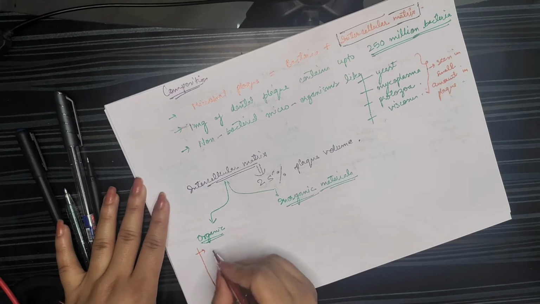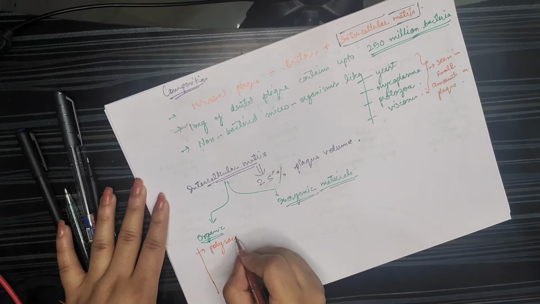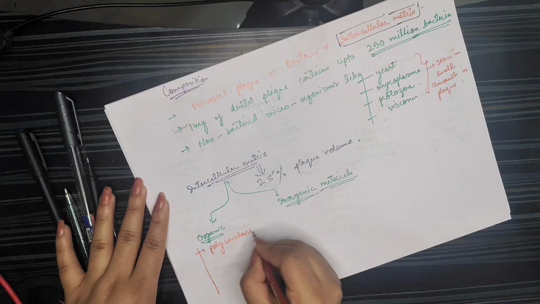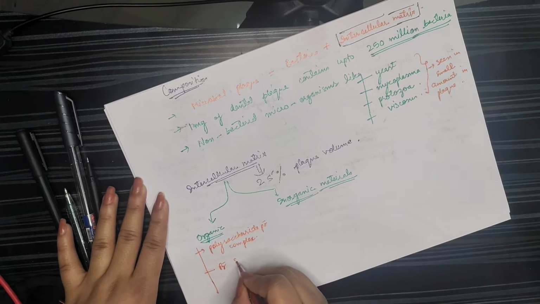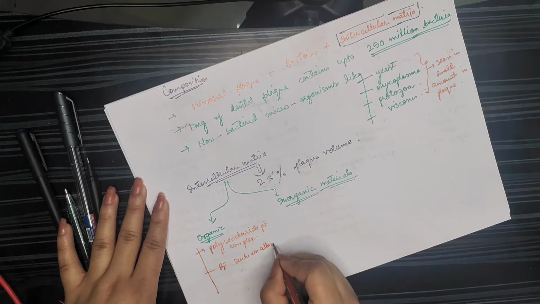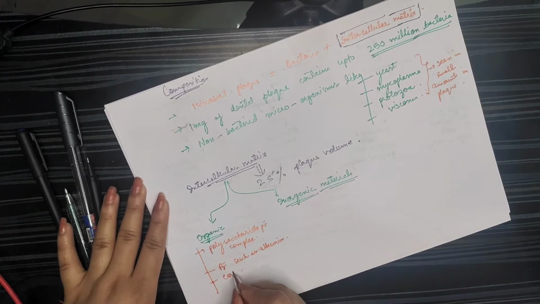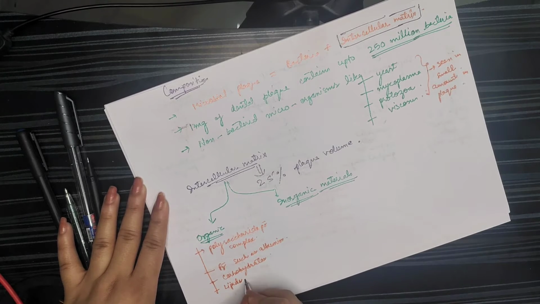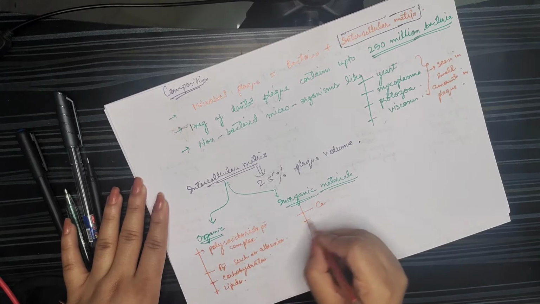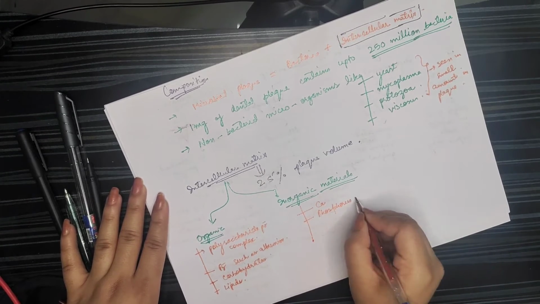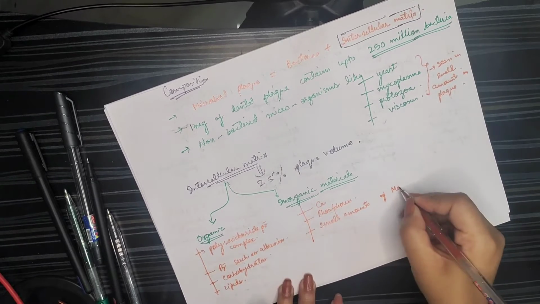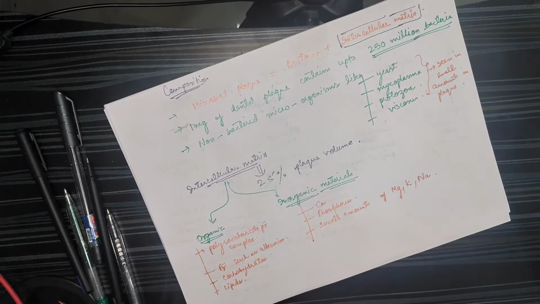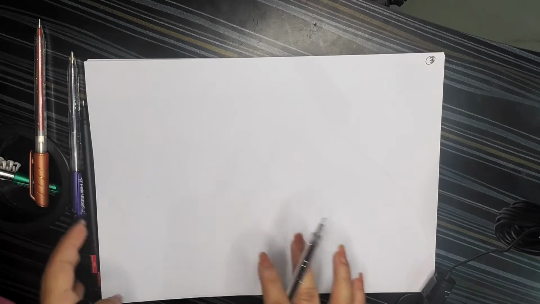Organic materials include polysaccharide protein complex, proteins such as albumin, carbohydrates, and lipids, and inorganic includes calcium, phosphorus, and small amounts of magnesium, potassium, and sodium.